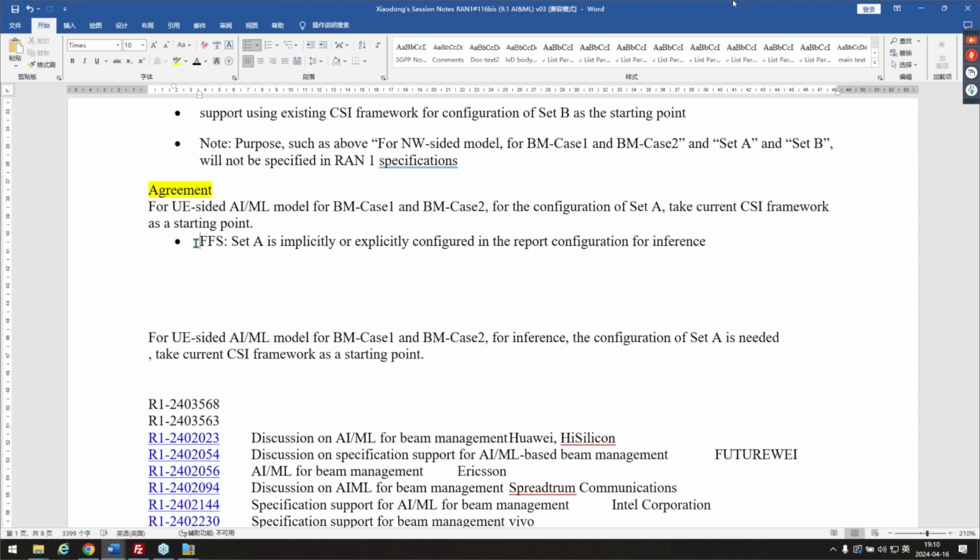We need to discuss, even without report, do we have any mechanism so that the UE has the measurements? So nothing is clear with the first statement, to our reading. What is only clear is that for inference, you need CSI report configuration, you need set B there for measurements, and you need set A for reporting. That's the only clear part based on this proposal.